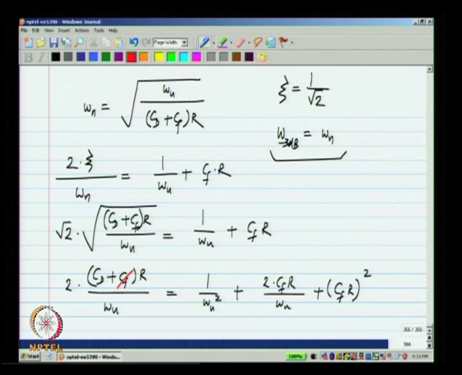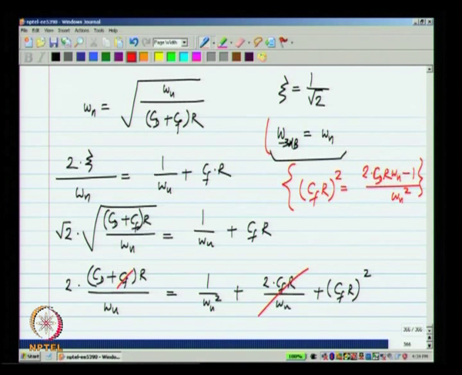So, this part cancels with that part, and we have CF R square to be equal to 2 times CD R by omega u minus 1 divided by omega u square. Now, given omega u, you can choose CF for this damping factor. It basically gives a relationship between different quantities, but what we are finally interested in is the value of omega u.